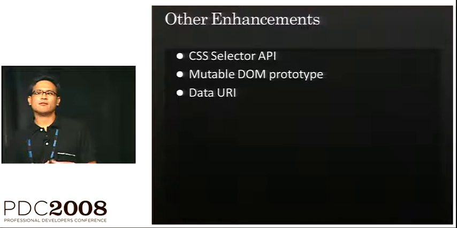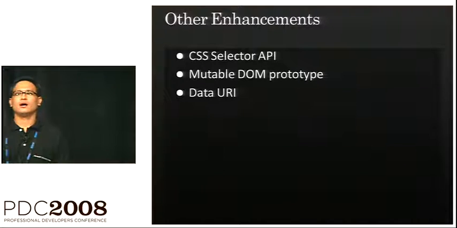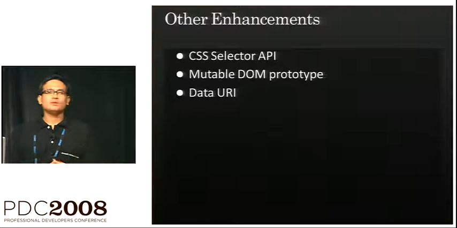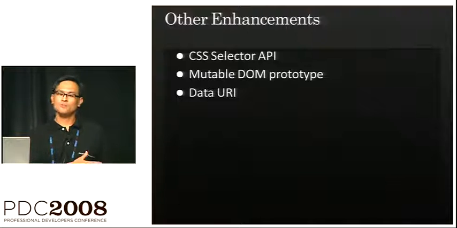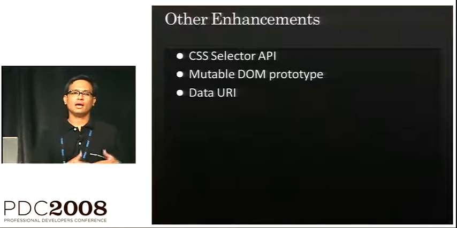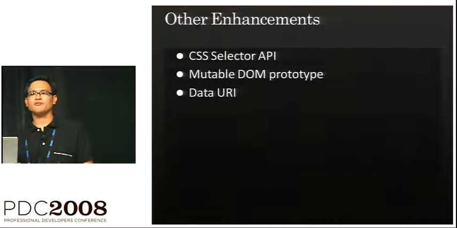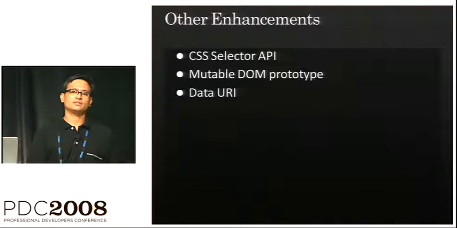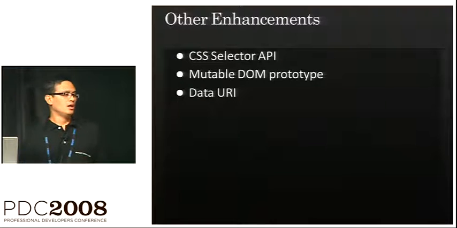The CSS selector API allows you to query the CSS styles in a more efficient manner. The mutable DOM prototype allows you to extend the DOM prototypes so that you can add your own functions and methods. And this is especially helpful if you are targeting multiple browsers, where some browsers may not support some of the DOM properties.